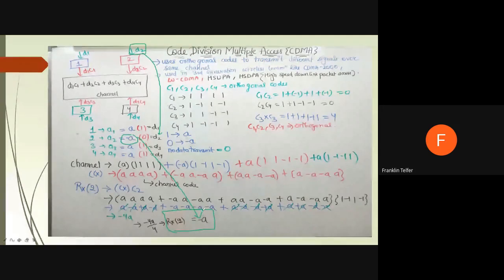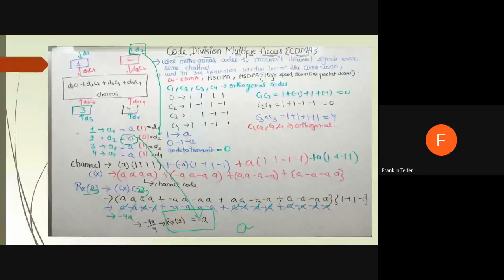So in this way, by adding a sequence of orthogonal codes, you are able to send over the channel and receive the exact data which is transmitted by the intended transmitter. If you want to take Rx of 3, you can use the same C of x and C3. You can verify that it will be A. Rx of 3 will be A.